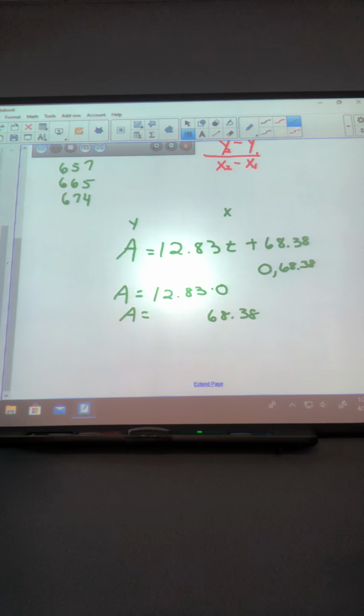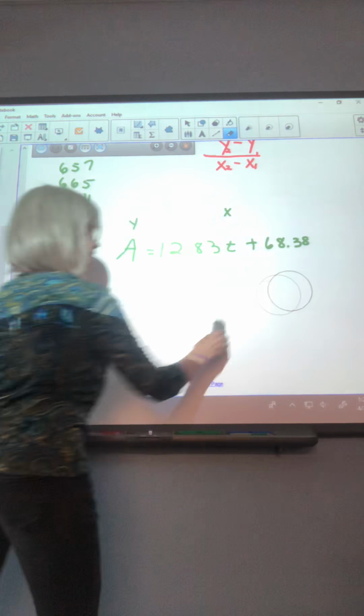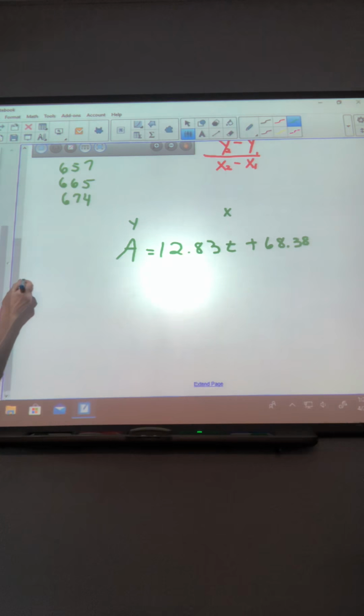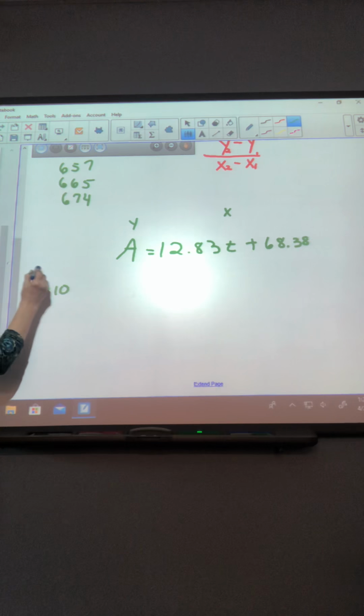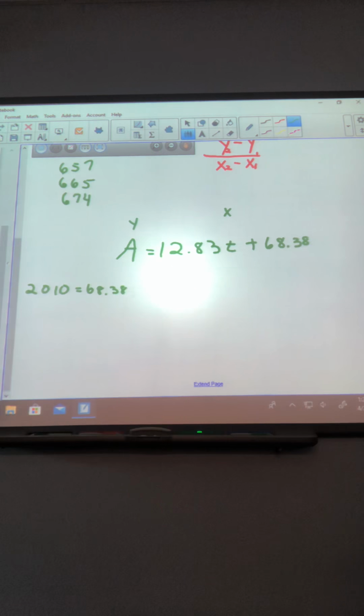Okay, so we're going to use that same equation. So over here I'll write our answers. So we had, in 2010, it was 68.38. All right, so now it says 2014.